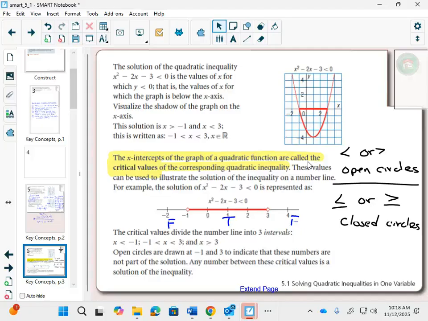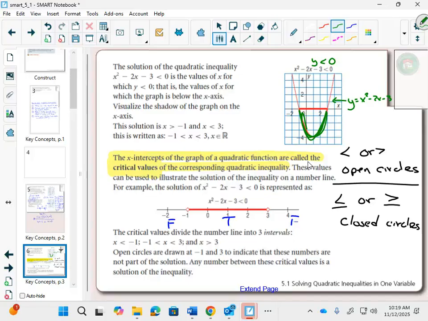If you drew a graph and you had 2 x-intercepts and this parabola opens up, this graph is y equals x squared minus 2x minus 3. So we are looking for where are the y values, because this is what the y values equal, where are they less than 0? That's in that section there. So you can also figure out false, true, false very quickly from a graph.